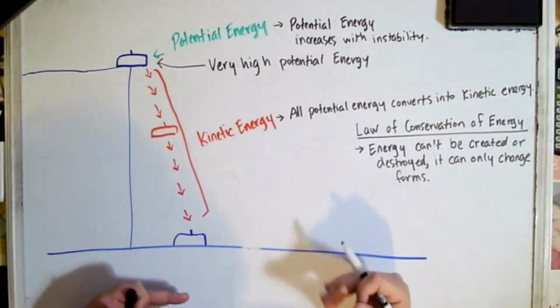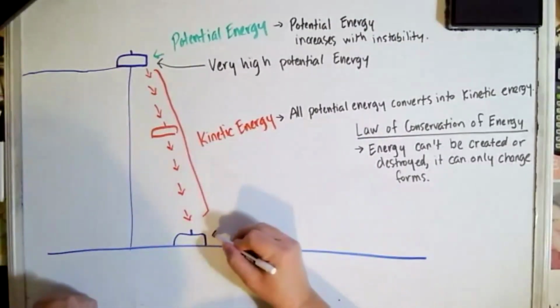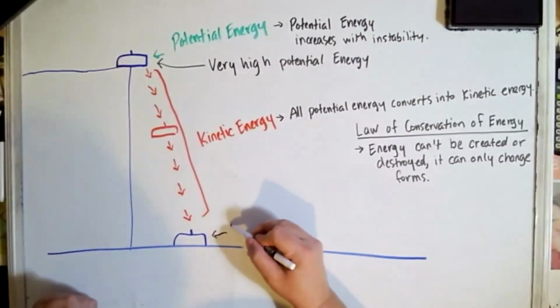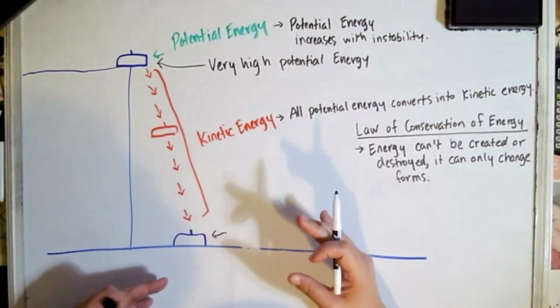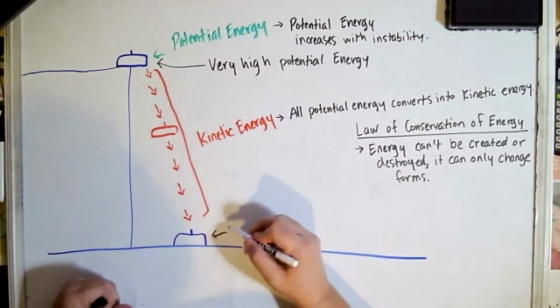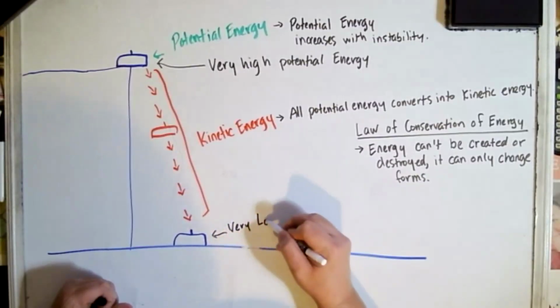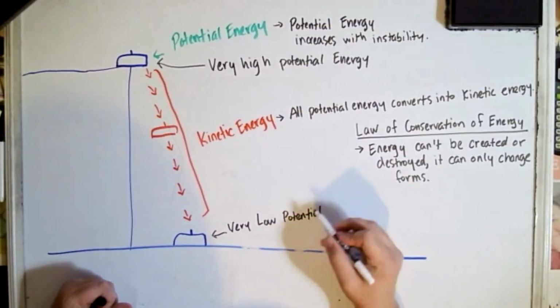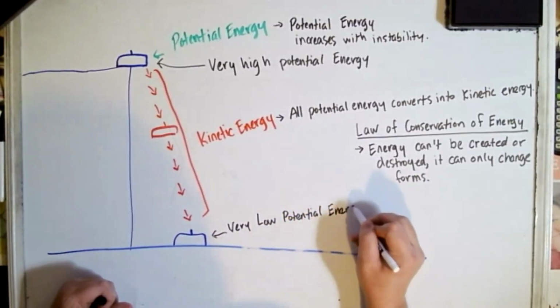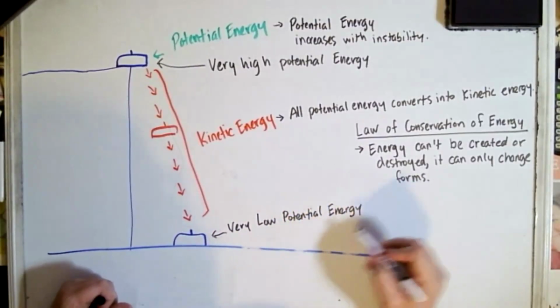There's nothing for it to fall off of anymore. So the only energy it contains at this point is potential energy again because it's not moving, but it has very low potential energy, because now it's stable.